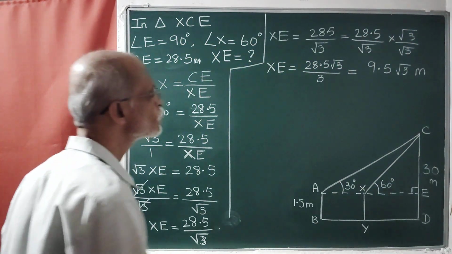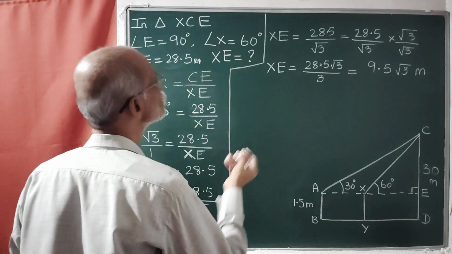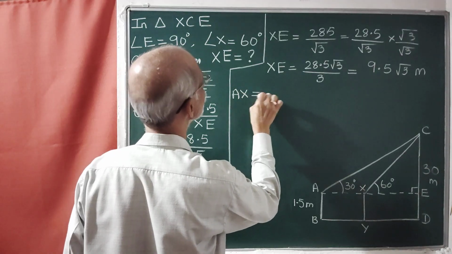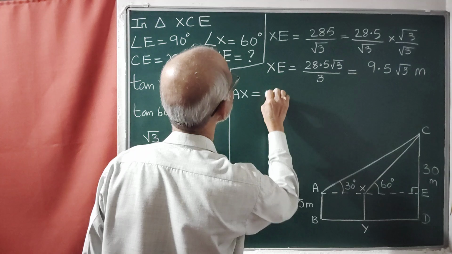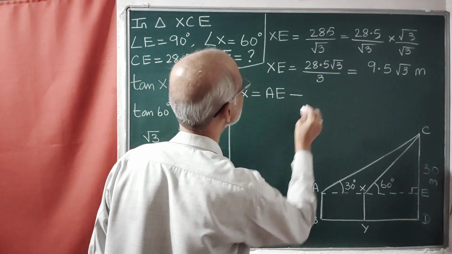Now we will find AX, the value of AX. So we know that AX is equal to AE minus XC.